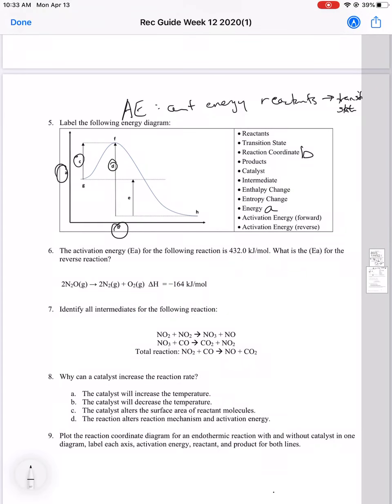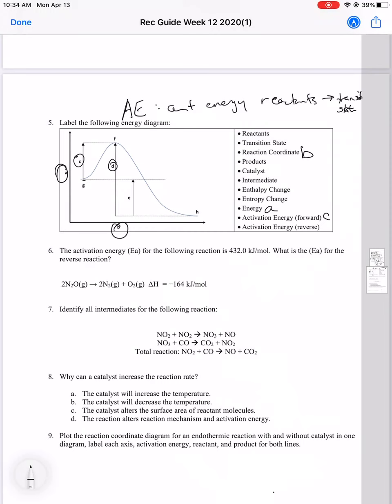And so when you have an exothermic reaction like this, basically the C is going to be the forward activation energy, because that's where the reactants start.